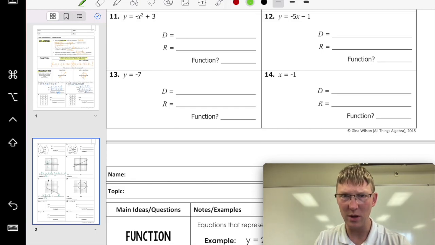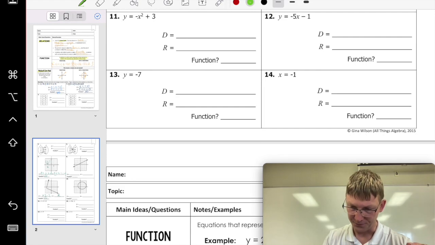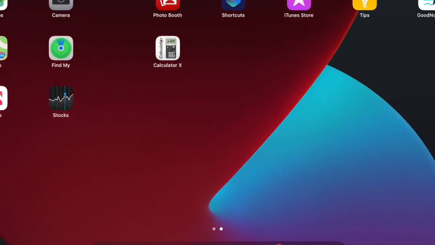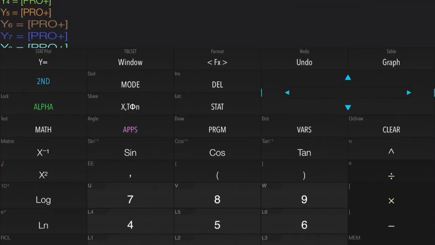Most calculators should be able to draw these, whatever they are. So we're gonna see if this works. I've got an app here that simulates a TI-84 calculator. Hopefully you have your own.